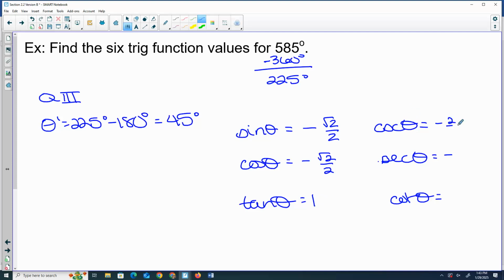So if I flip this, 2 over the square root of 2. That's negative 2 radical 2 over 2, or just negative square root of 2. Secant will give us the same thing, negative square root of 2. Cotangent reciprocal of 1 is 1.